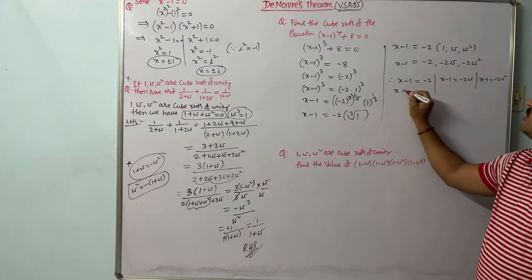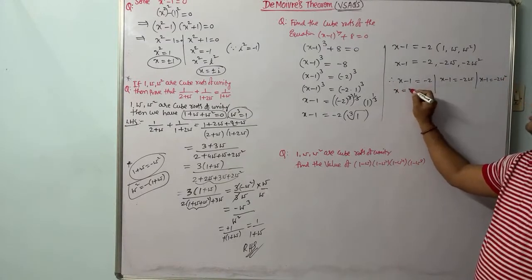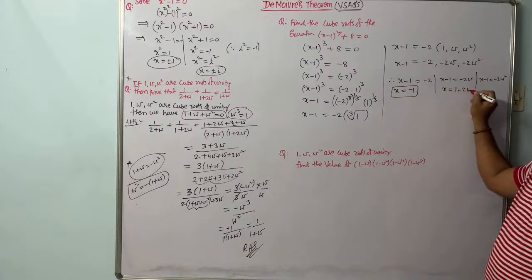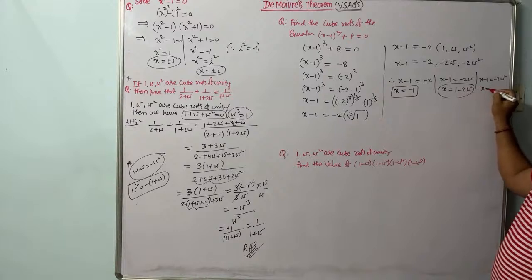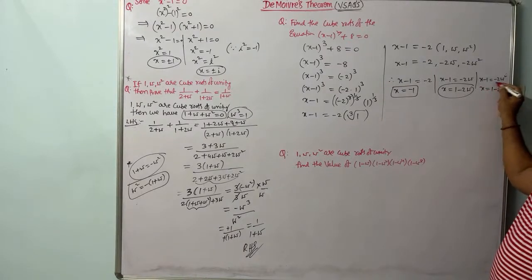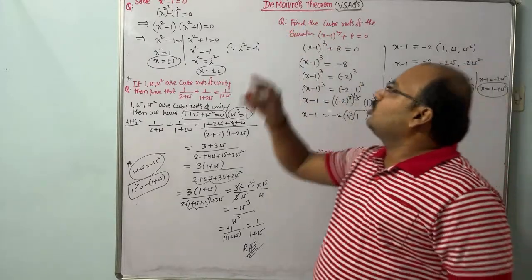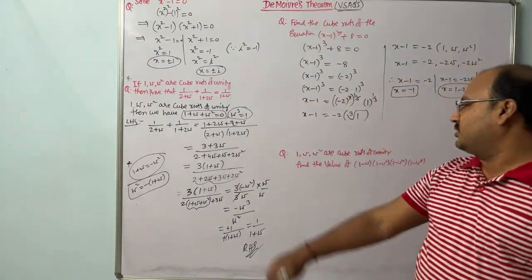So x is equal to minus 1, bringing 1 to this side, minus 2 plus 1 is minus 1. Next x is equal to 1 minus 2 omega, and x is equal to 1 minus 2 omega square. So these three are the roots of this equation, dear students.